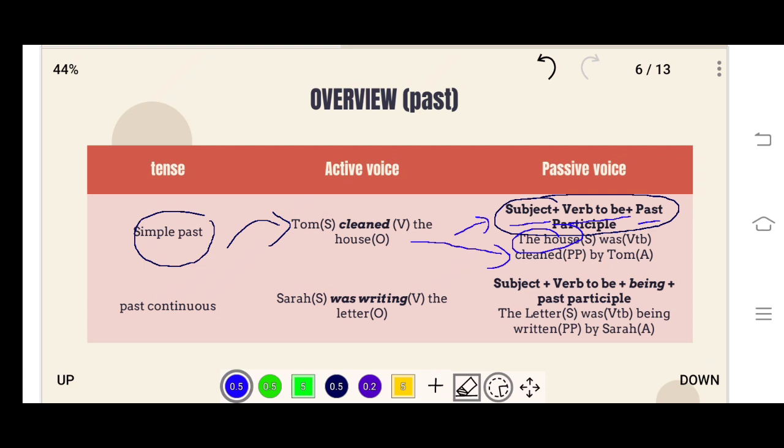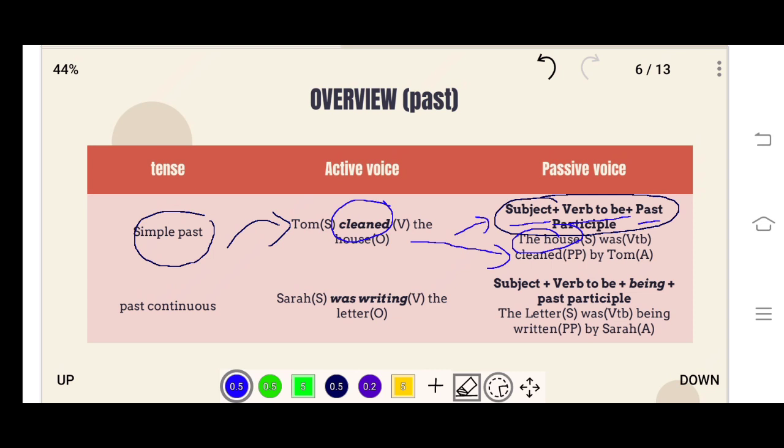From the active voice, this is past tense, so it is was, and the house is only one. It's not the houses; if it were the houses, you would change to were, because it is plural. Then the past participle cleaned, and then by Tom. So that is the simple past for the passive voice.